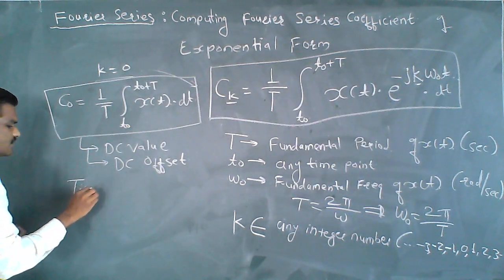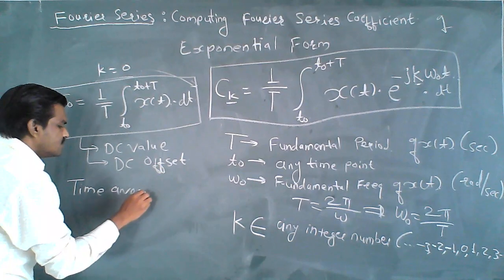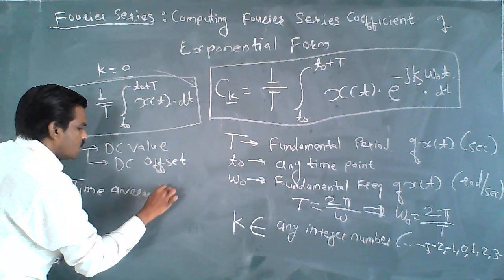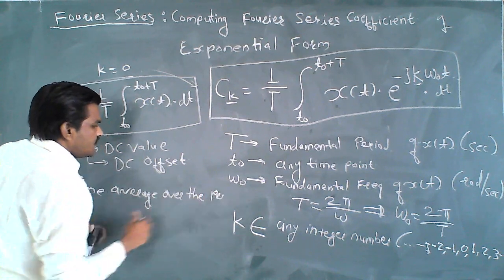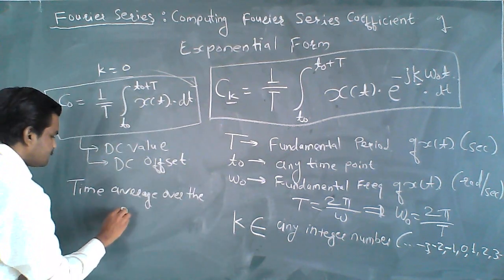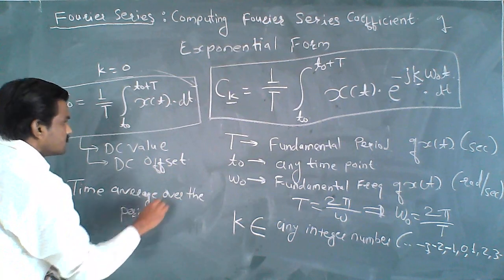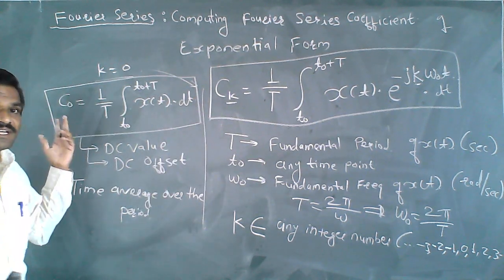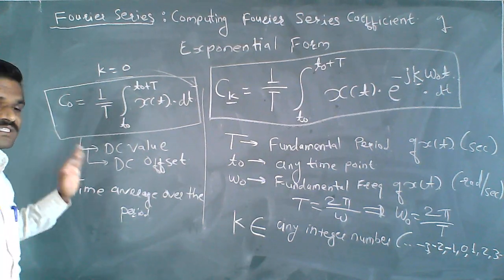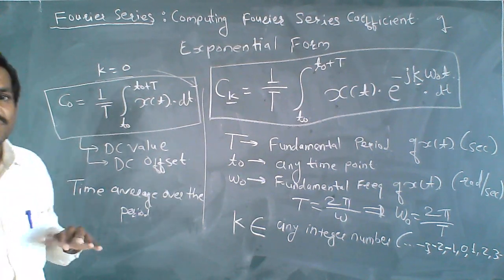This is nothing but the time average over the period. I will take one example, and there you will understand what this DC offset, or time average over the period, is.